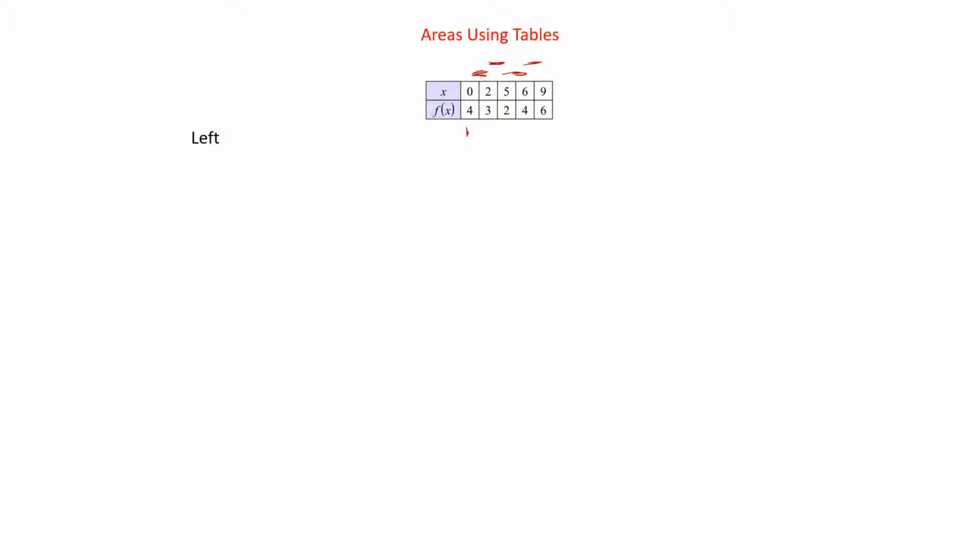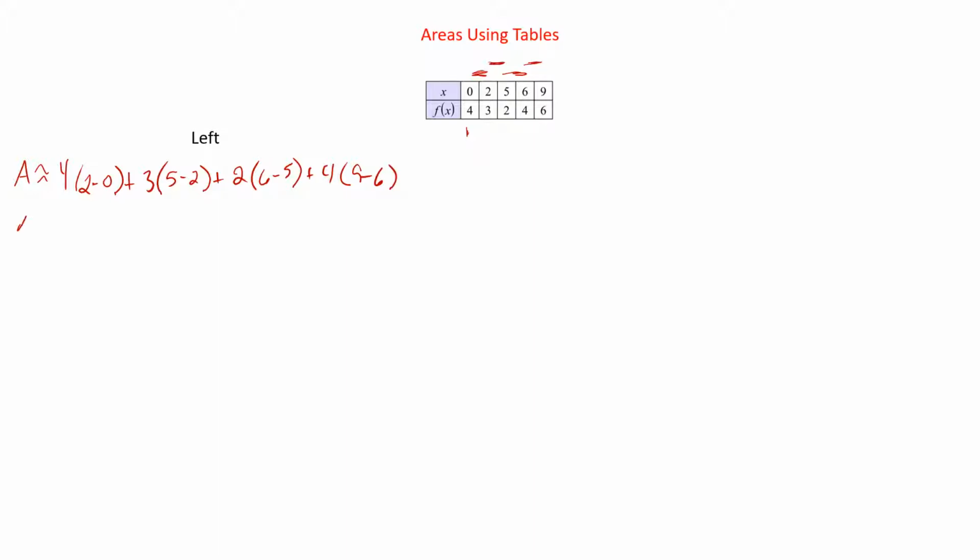So for the left sum, the area is going to be 4 times the width. The width is not an x value, it's the difference of x values: 2 minus 0, plus the next one is 3 times 5 minus 2, plus the next one is 2 times 6 minus 5, plus the next one is 4 times 9 minus 6.